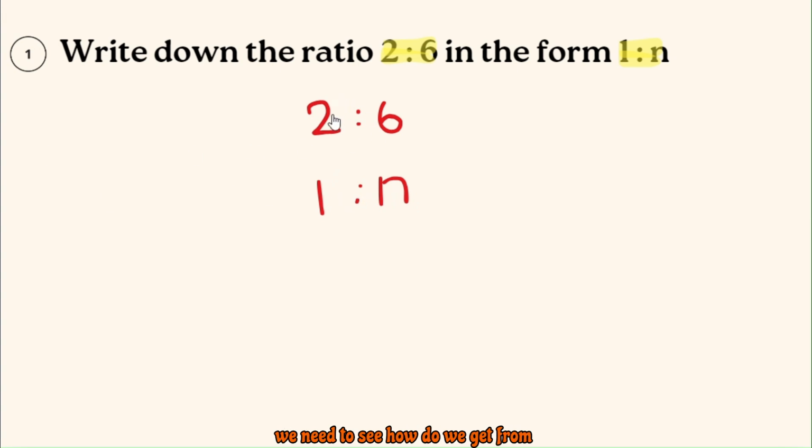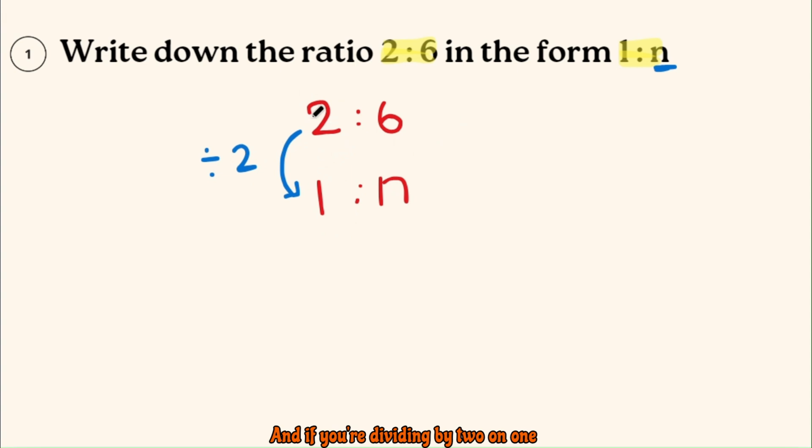Now we need to see how do we get from 2 to 1, because one of the numbers of that form is given and the other one is a variable n, so we have to figure the value of n out. But we know that from 2 we are going to get 1, so to do that we are going to divide 2 by 2 to get 1.